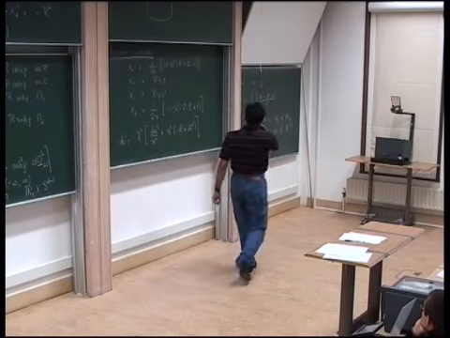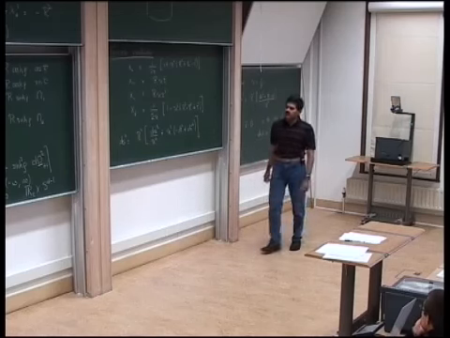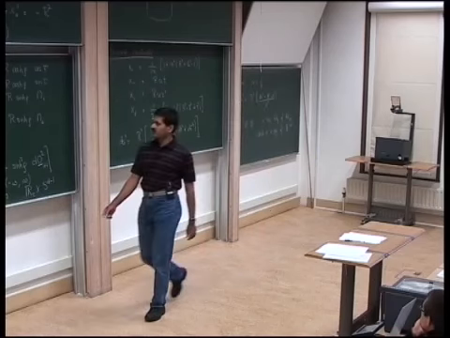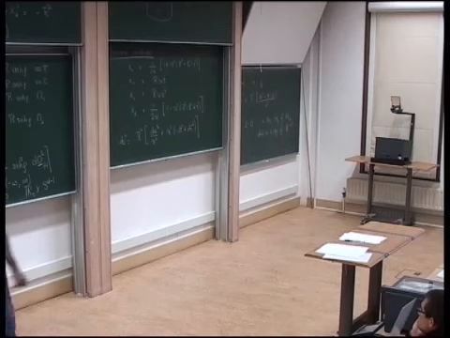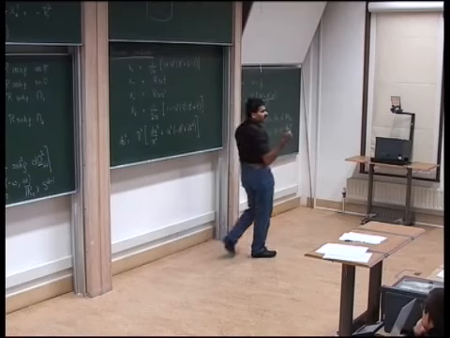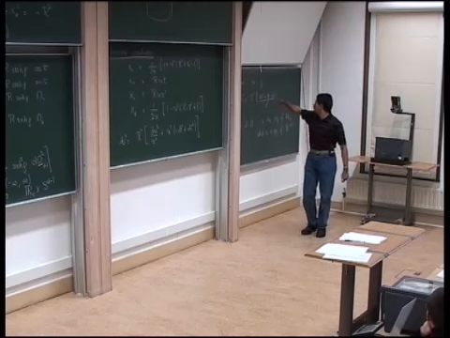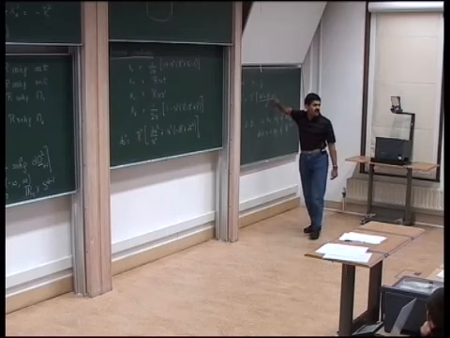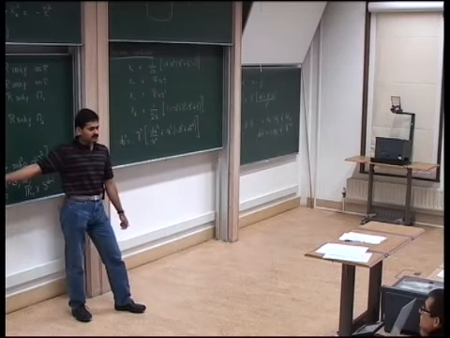One last thing I want to say is in both sets of coordinates that I've chosen and that I'll work with, either the global ones or the Poincare ones here, I have an explicit time-like Killing field. Here I have d by dt, which is time-like, and here I have d by d tau, which is time-like.